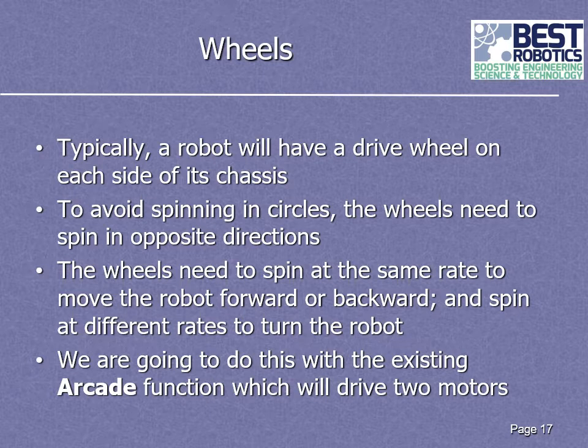Because the wheels need to turn in the same direction, even though the motors are pointed in different directions, that would mean that one motor technically has to move opposite the other wheel. Rather than having to worry about all that, we have a pre-designed function in our library called arcade function, which is going to take care of all of that, and it's just going to require you to put a couple different pieces of data into a pop-up.